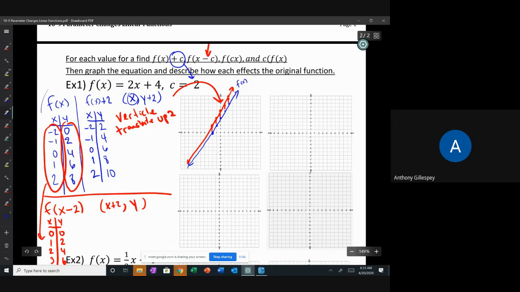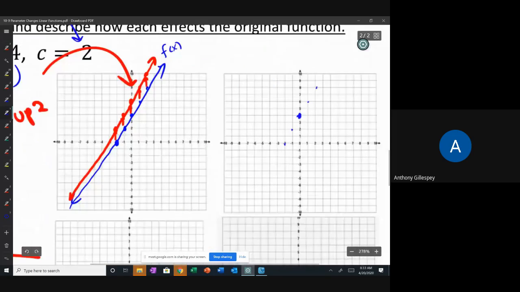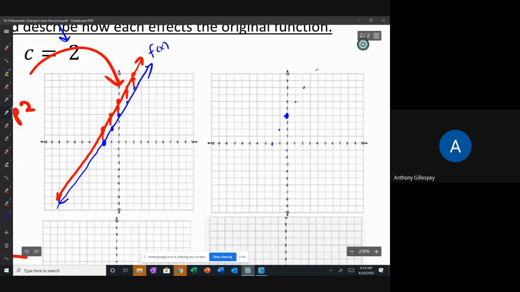I'm graphing this right here, yes? I'm graphing the original again. All right, so if I graph the original again, it'll look like that, right?